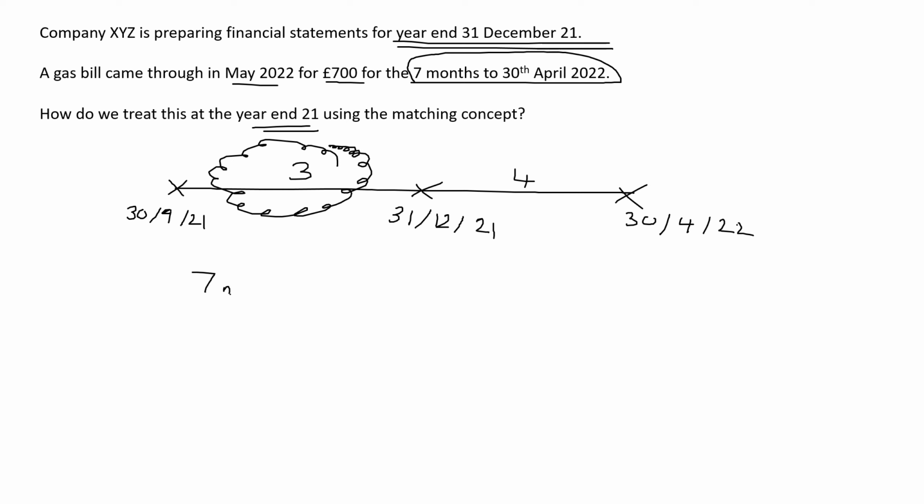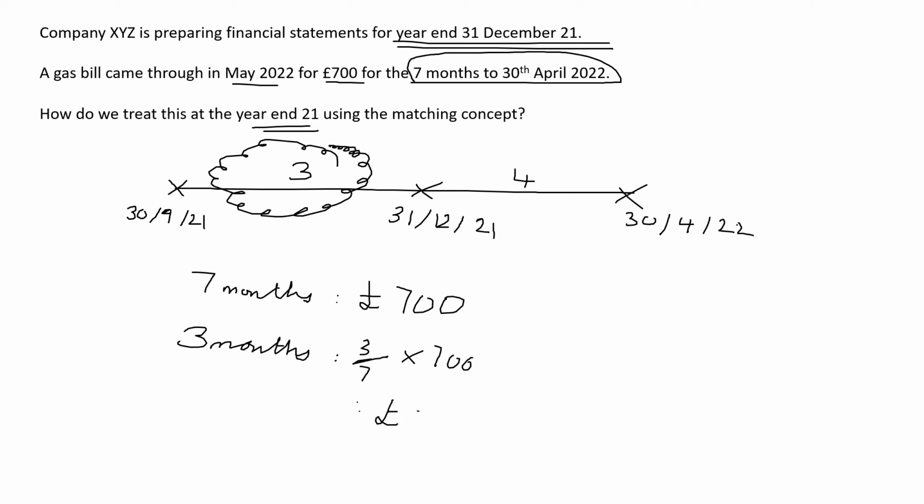So if I have my 7 months, 7 months is going to be the same as £700. So what is 3 months going to be the same as? Well, it's going to be the same as 3/7 of £700, and that's the same as £300.